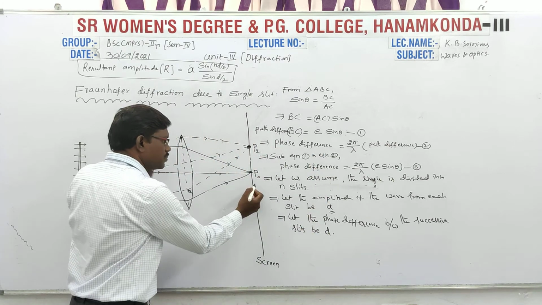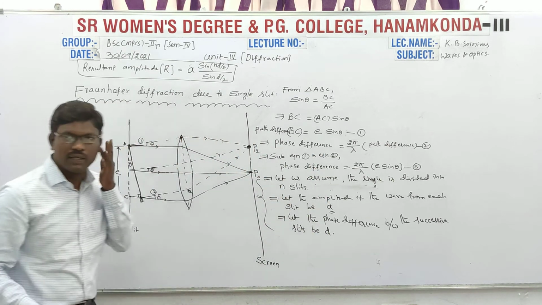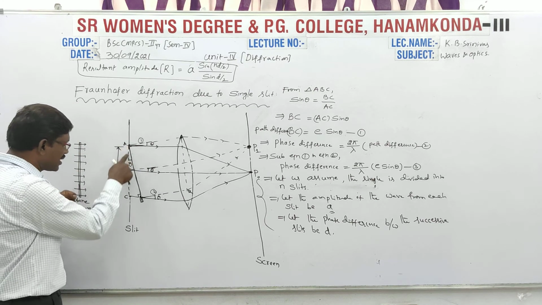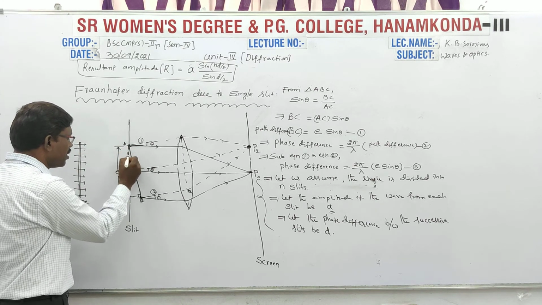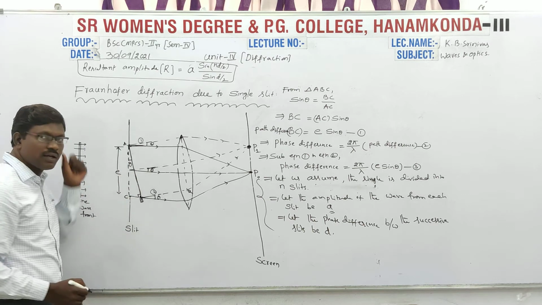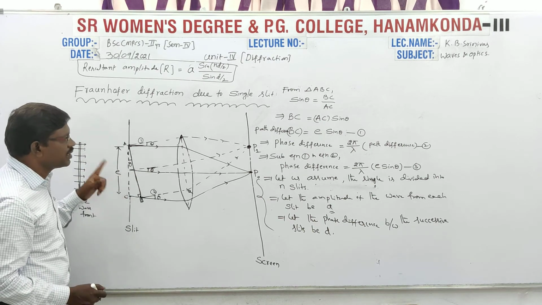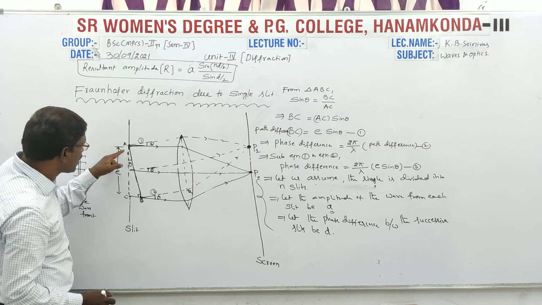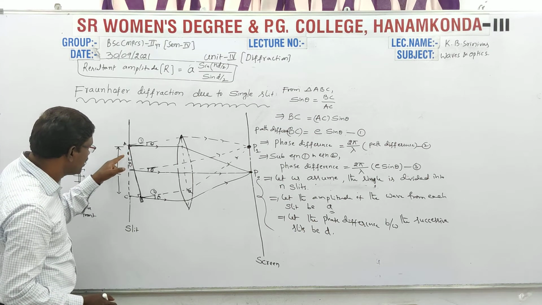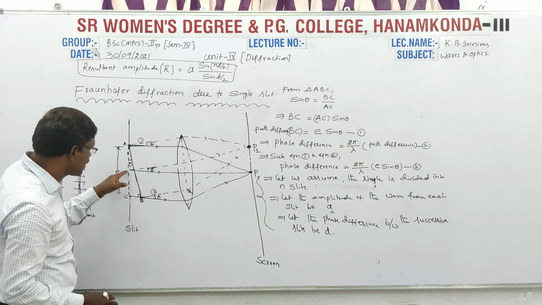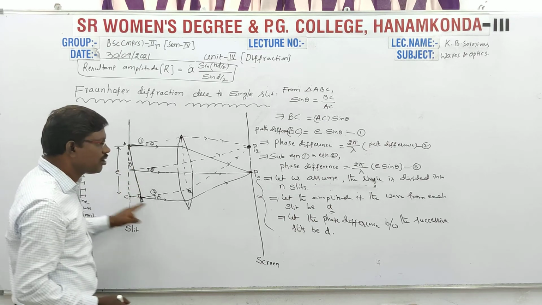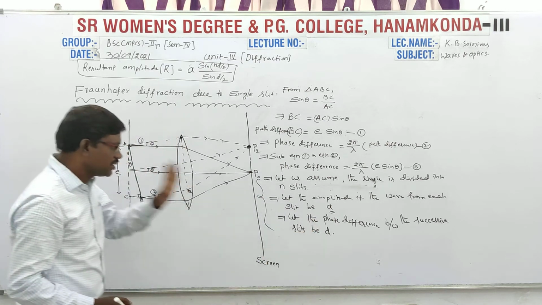All these points are our assumptions only. Here I am considering this whole slit is divided into small slits, n number of slits. Is that clear? Right? And one more thing, the amplitude of each and every wave from the slit, here I am assuming as small a. That is the second point.